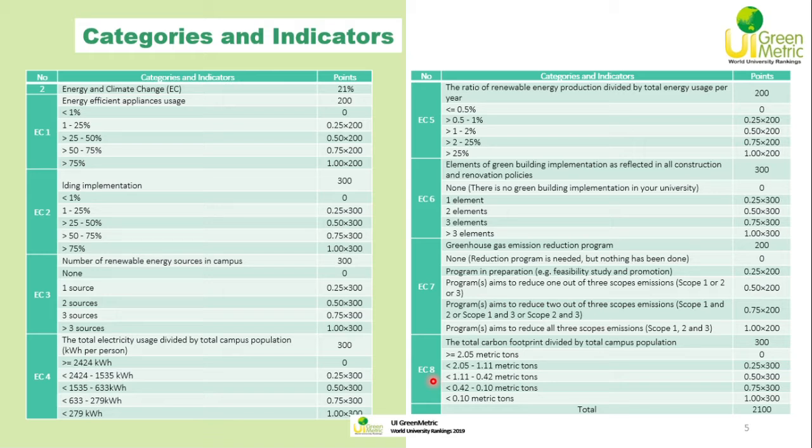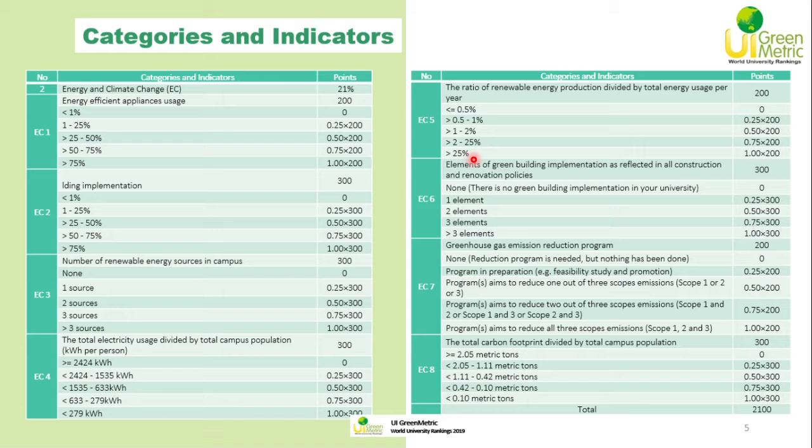This is criterion 3. 3 sources or more of renewable energy on your campus. For production, the criterion requires that you have 25% or more of energy usage on your campus coming from renewable energy production. This is criterion number 5.